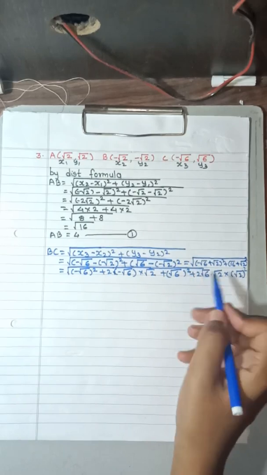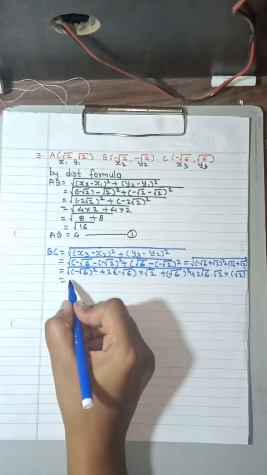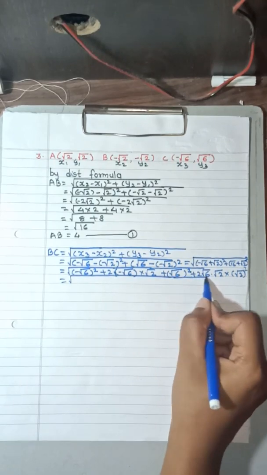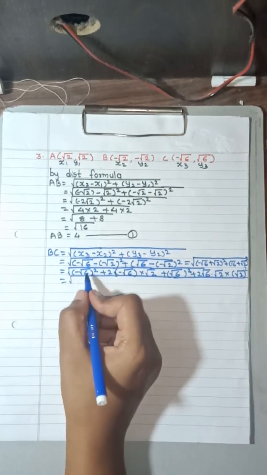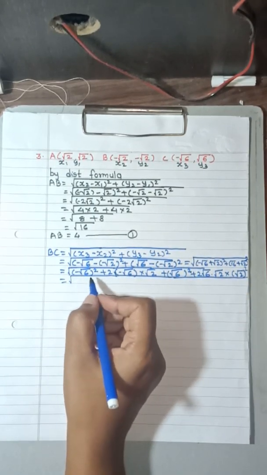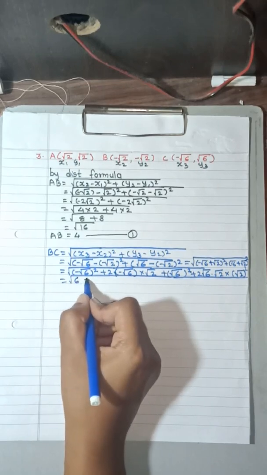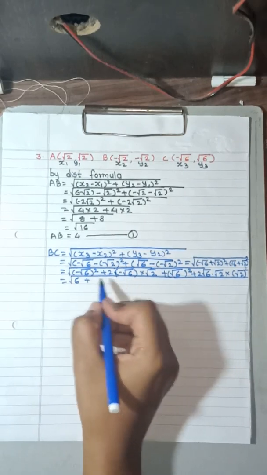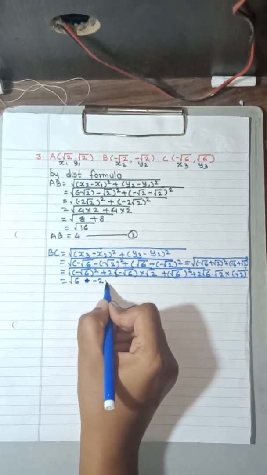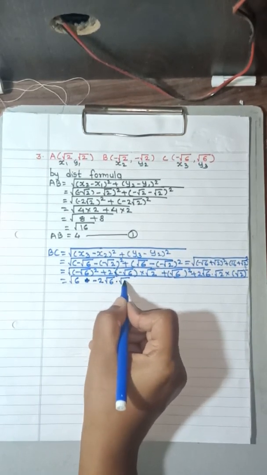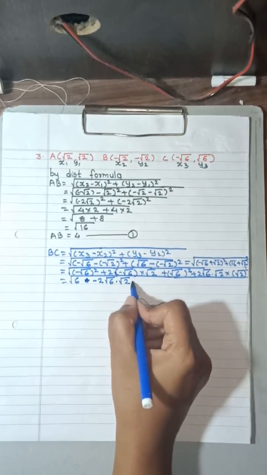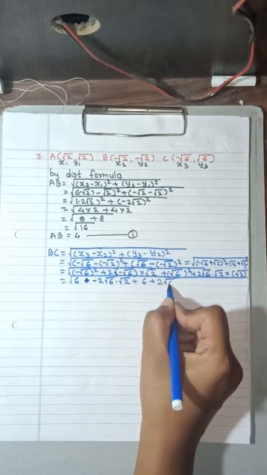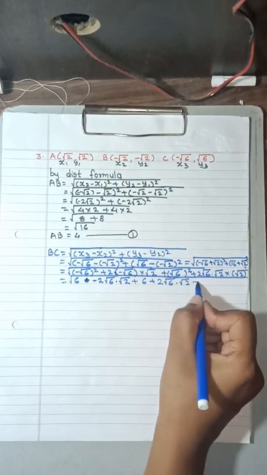Okay, I have written this step over here. So that will be equal to under root of minus root 6 into minus root 6, that will be 6, plus this will become minus 2 root 6 into root 2 plus 6 plus 2 root 6 into root 2 plus 2.